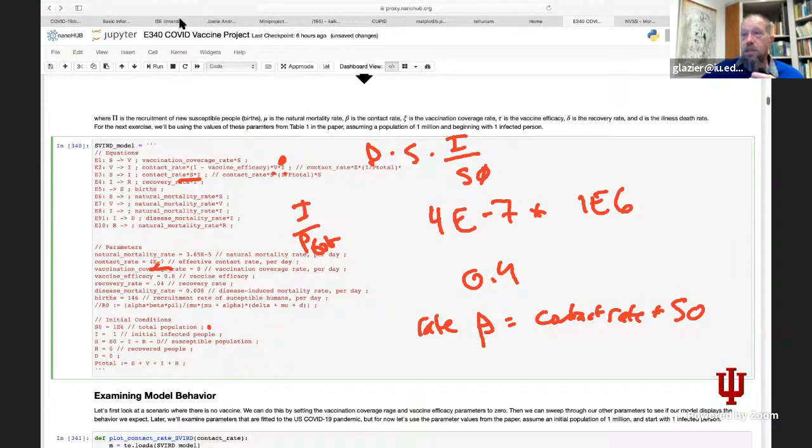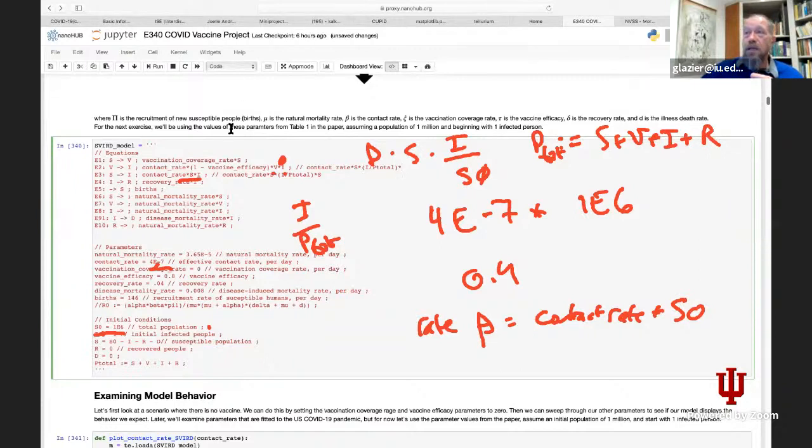So I would suggest, again, the simplest thing is just to multiply and divide by S0, which doesn't do anything. The other thing to do would be to define P total, which is your total population. You have to use a colon equals. P total := S + V + I + R. This is the total number of people in my population.